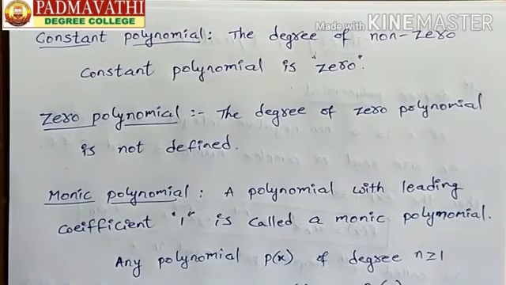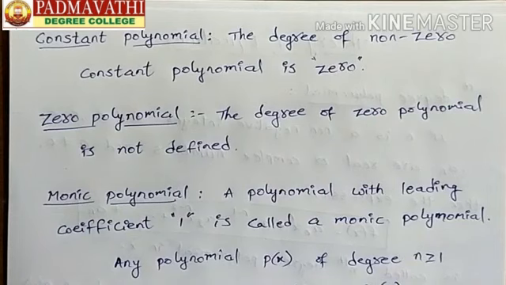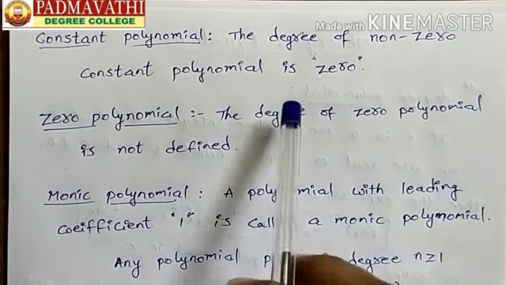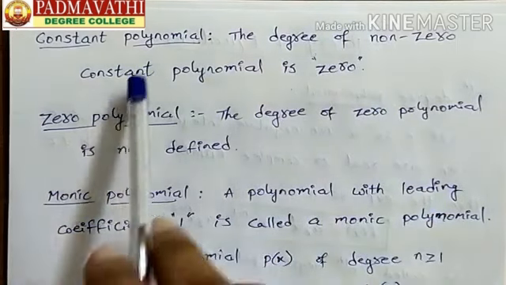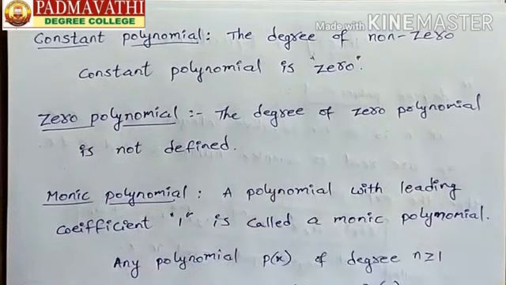Because there is no variable term in it. So we call that polynomial a constant polynomial. We can write 5 into x power 0. Here x power 0 means the highest power is 0 only. That's why 0 is its degree. A constant polynomial has degree 0.